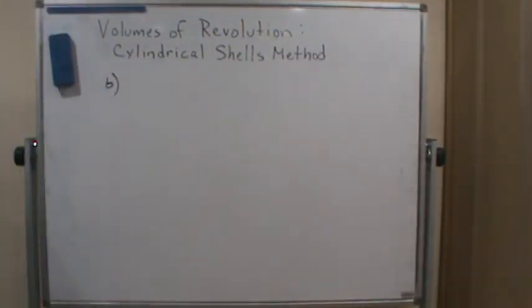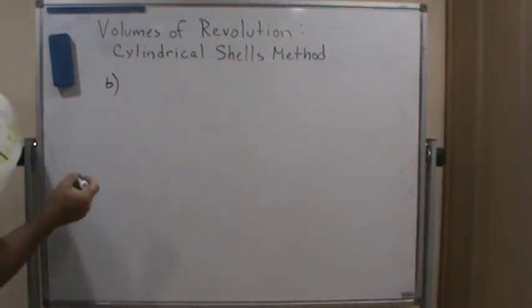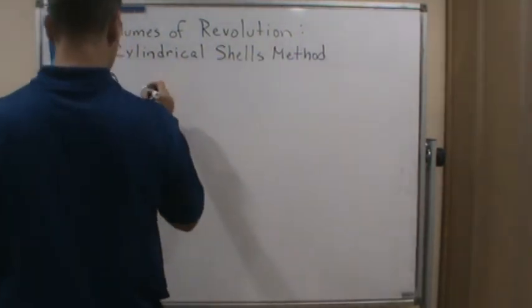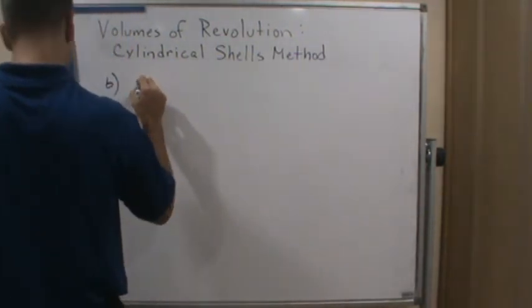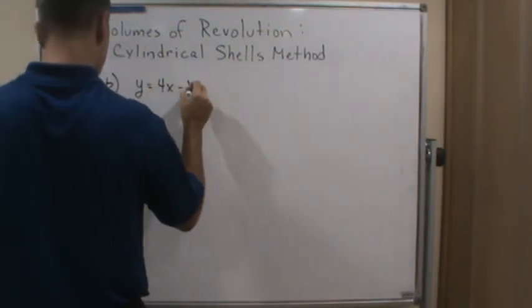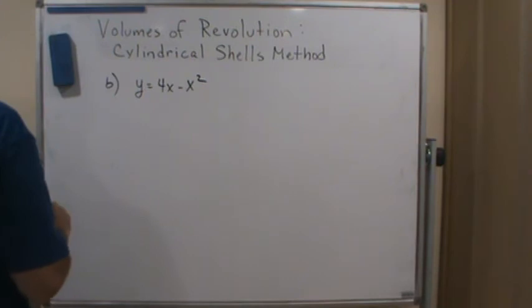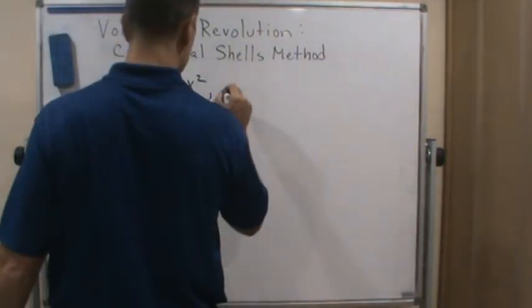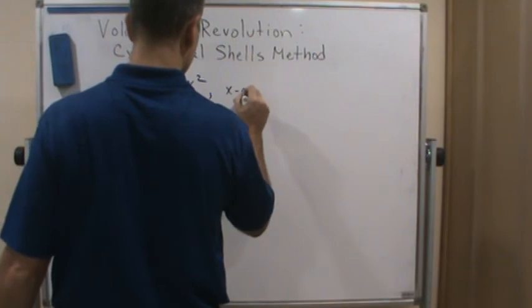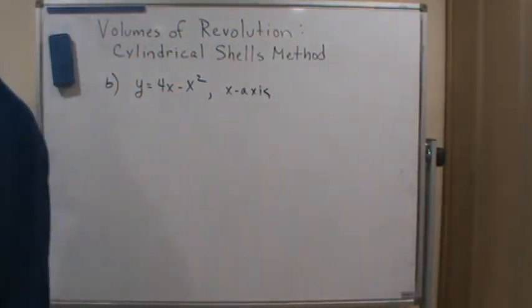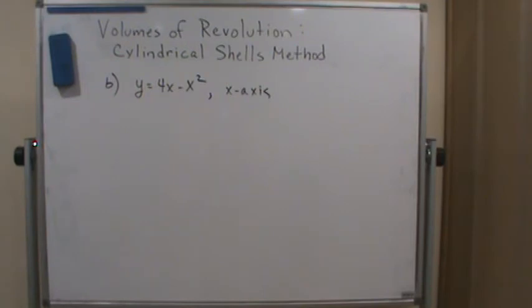So what does B say? Okay, so here B says they want the region bounded by the graphs of y equals 4x minus x squared and the x-axis. And again, we're going to be rotating around the x-axis, okay? So again, let's sketch the graph and see what it looks like.